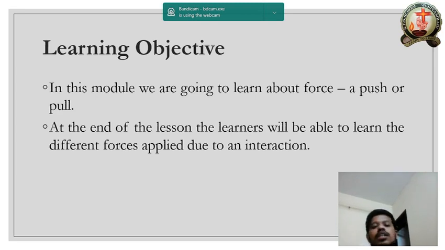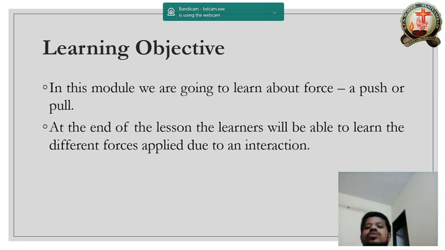Today's learning objective is, in this module we are going to learn about force, which is mainly about a push or a pull. Students will also be able to learn the different forces applied due to an interaction. It can be any interaction, be it hitting or flicking or stopping, whatever action you are doing.